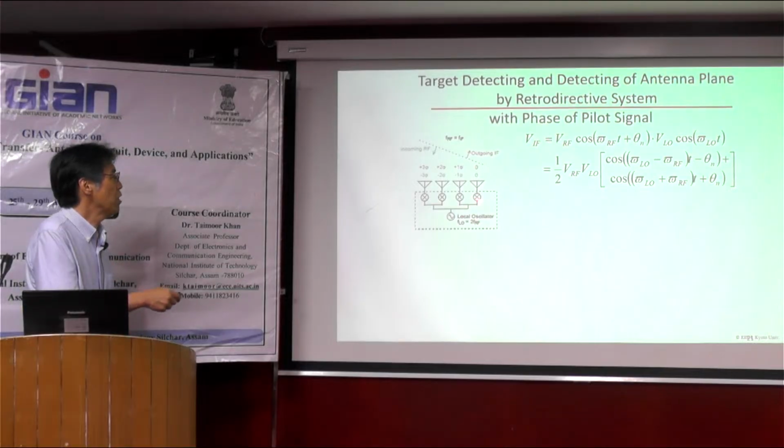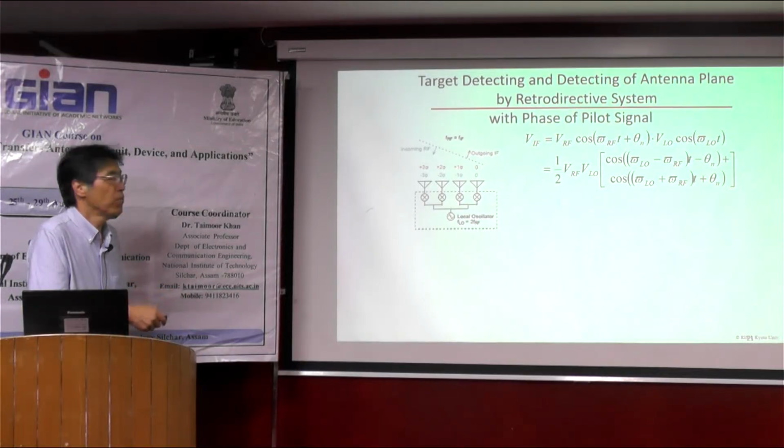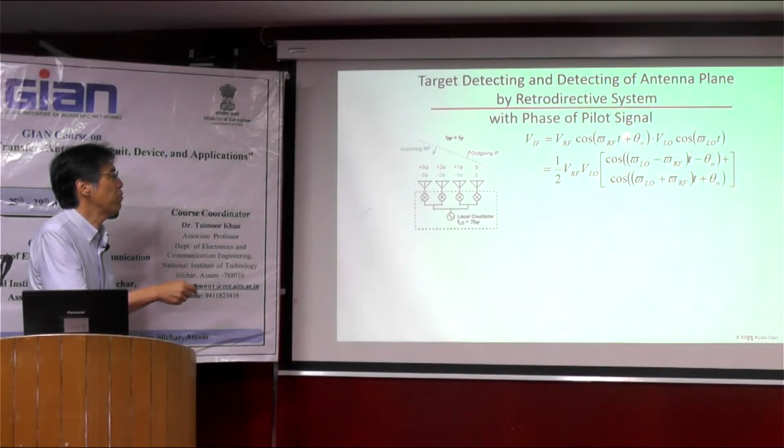So in the mixer, we can multiply two signals. And here, as I mentioned, we have a local signal. Now we assume any frequency as the local signal here. And in each antenna, we receive an incoming signal with a different phase.